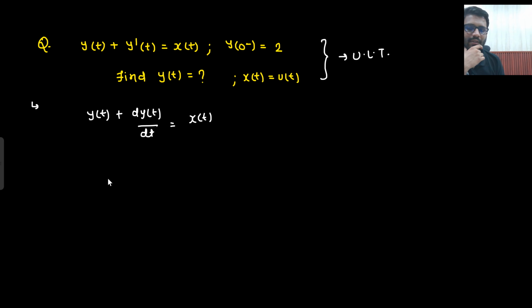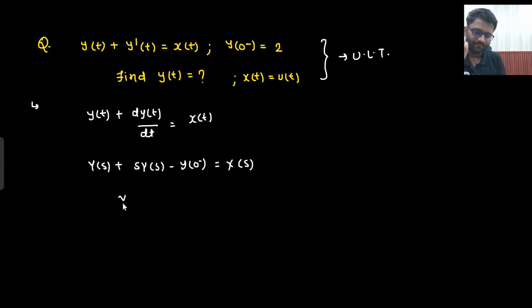Right. Now what I need to do, I will apply the Laplace transform, the unilateral Laplace transform. So y(t) will have Y(s), dy(t)/dt will have sY(s) minus y(0-), equal to X(s). We will put the values later on. Okay.